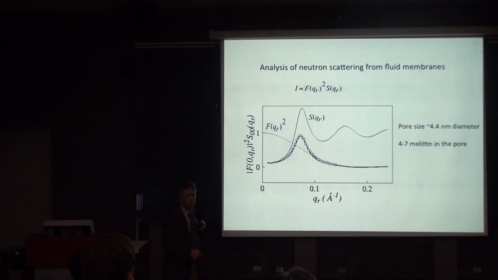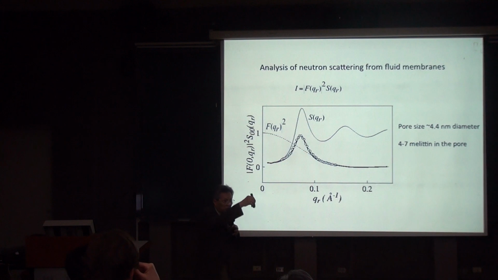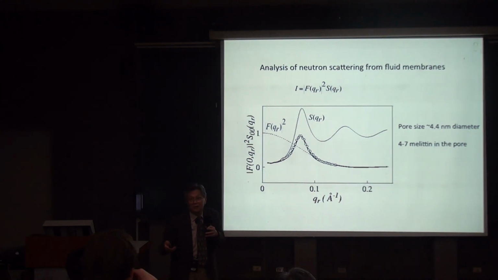But strangely, we have done other experiments, too complicated to explain. There are only about 4 to 7 antibiotics in each hole. That means it's impossible for the antibiotics to line the hole. Yet there are holes. So it's very strange.